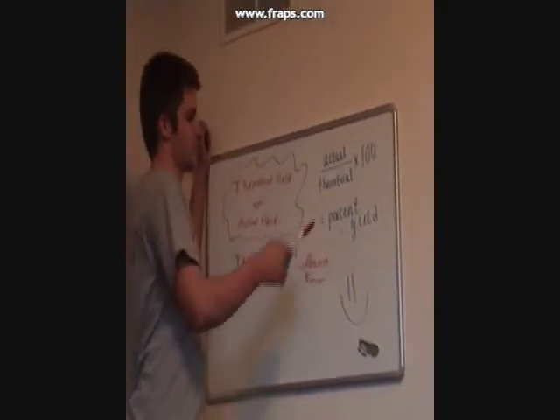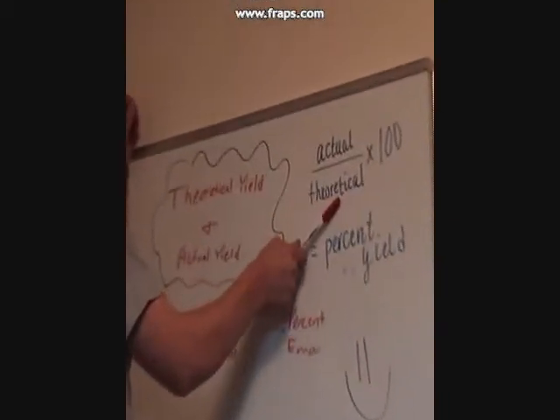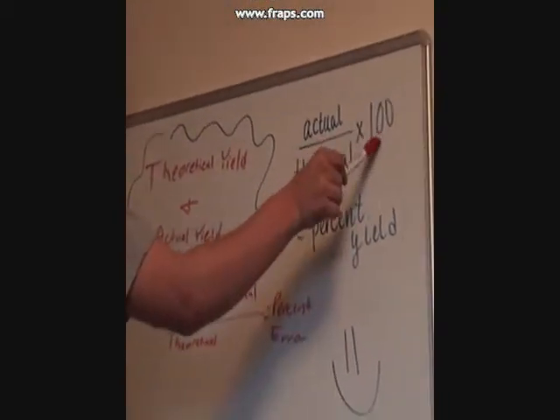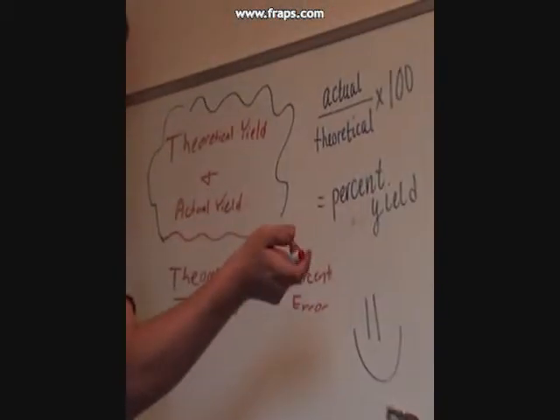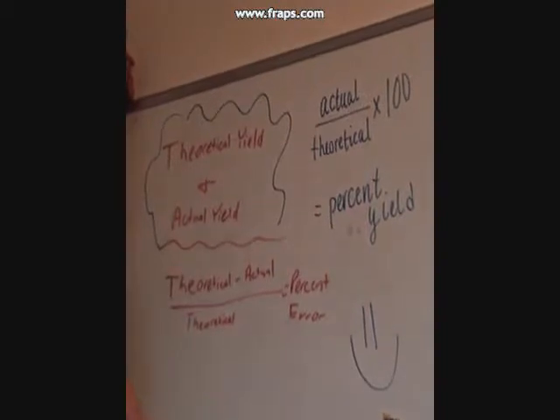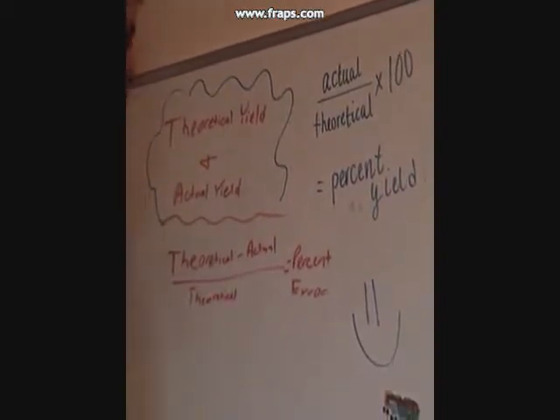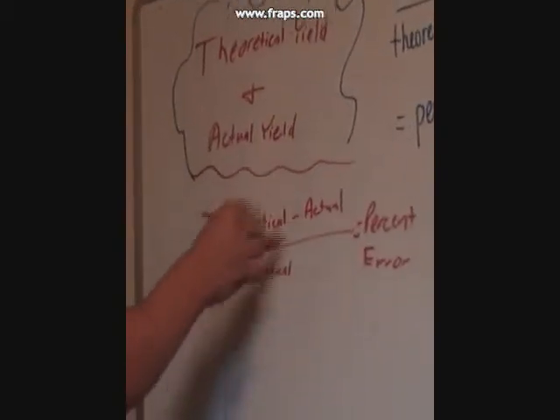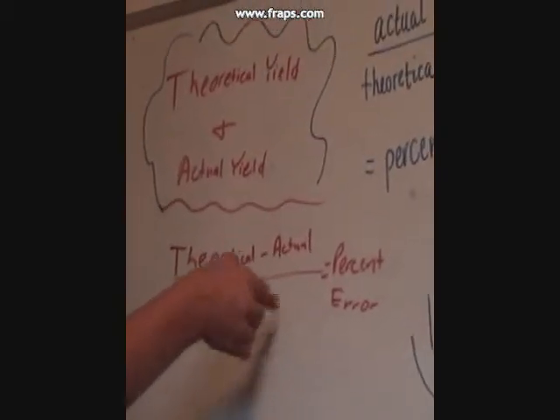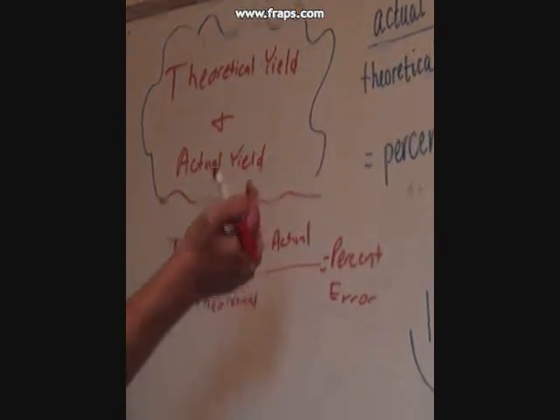If you do your actual yield divided by your theoretical yield times 100, that's your percent yield. So that's how much percent of your theoretical versus your actual you were. And then theoretical minus your actual divided by your theoretical equals your percent error, or how much percent you were off.